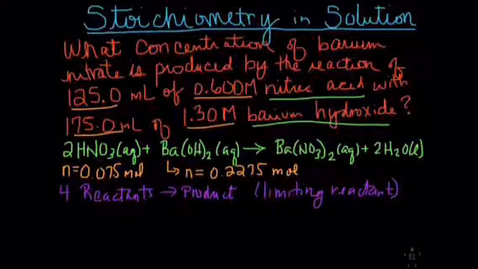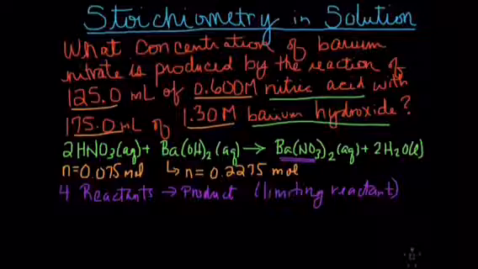I think one of the easiest ways is to just see which of these amounts of moles, the 0.075 moles of nitric acid or the 0.2275 moles of barium hydroxide, gives the smallest amount of barium nitrate, because we can't make any more after we've used up one of our reactants. So whichever one leads to the smaller amount, that's the limiting one. That's the one that limits how much we can make.